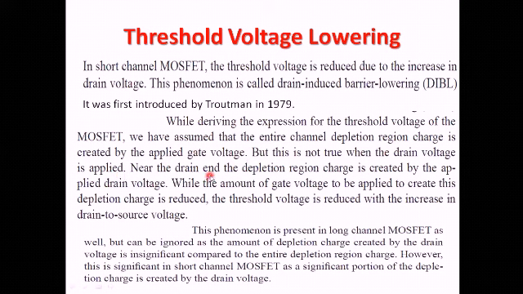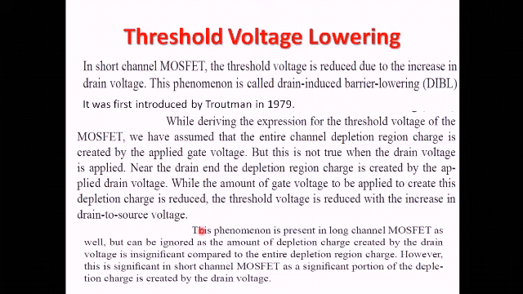Near the drain end, the depletion region charge is created by the applied drain voltage. While the amount of gate voltage to be applied to create this depletion region is reduced, the threshold voltage is reduced with the increase in drain to source voltage.